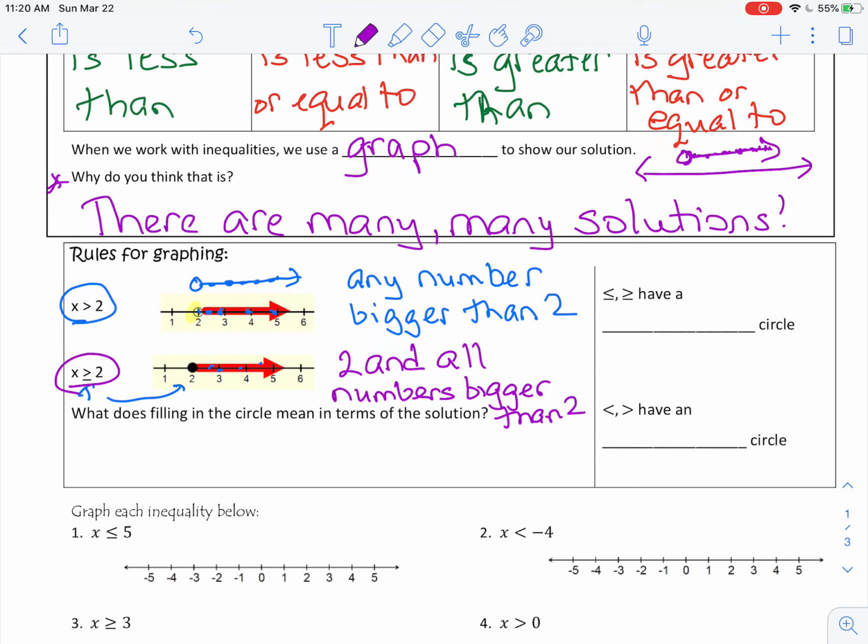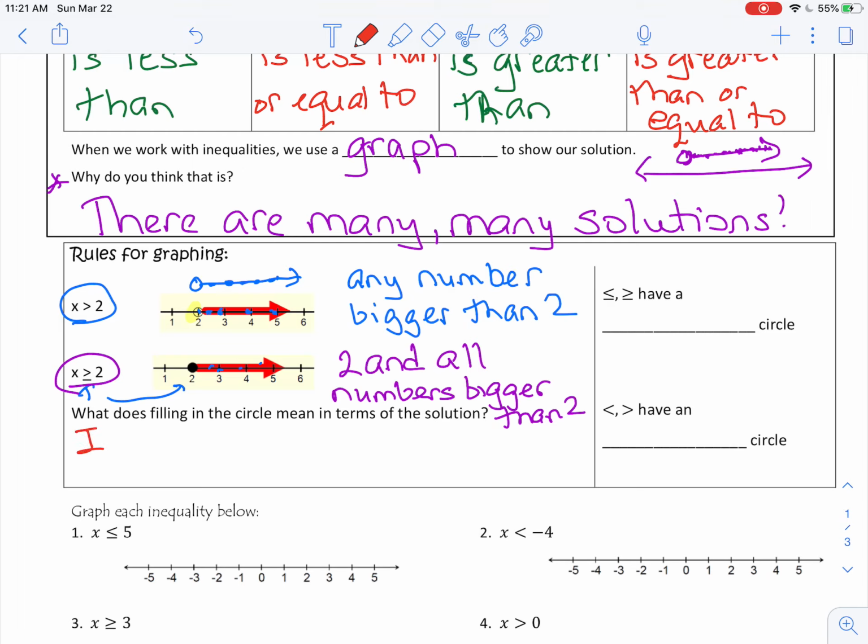So that little itty bitty dot right there makes a huge difference. If it's hollow, it means that 2's not involved. It's not part of our answer. If it's filled in, a solid dot, that means 2's part of our answer. All right, so what does filling in the circle mean in terms of the solution? Well, I just told you, now you go ahead and write it.